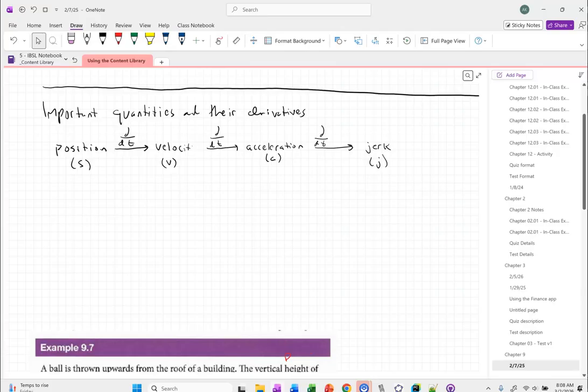What is it? It's jerk. I got you good. So that's the rate at which the rate of change is changing. So it's like a third derivative, right?